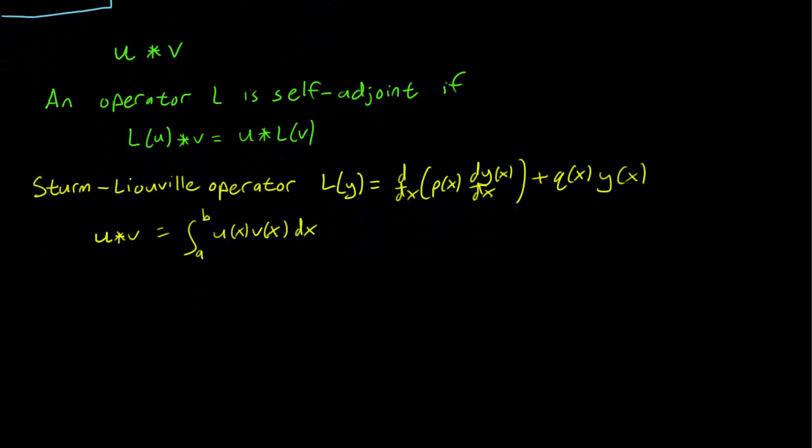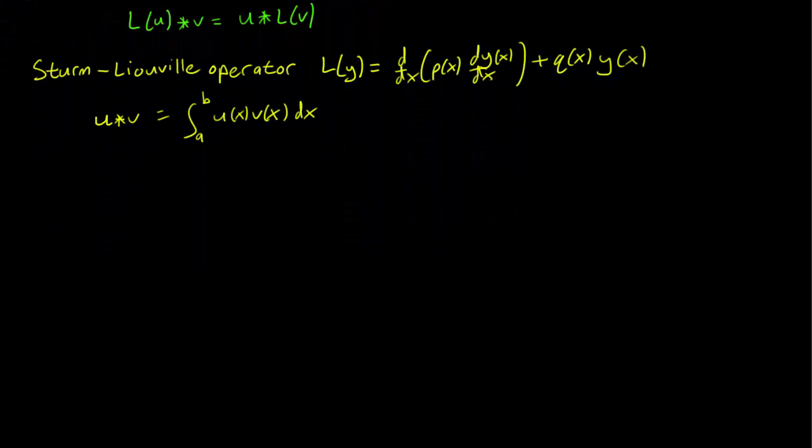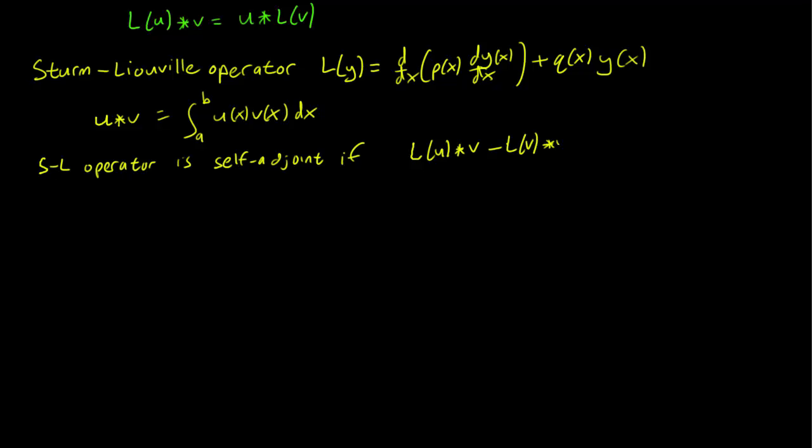So in our context, when we say that the Sturm-Liouville operator is self-adjoint, it means that Lu times v minus Lv times u is 0, but this is the same thing as the integral from a to b of u Lv minus v Lu dx equals 0.